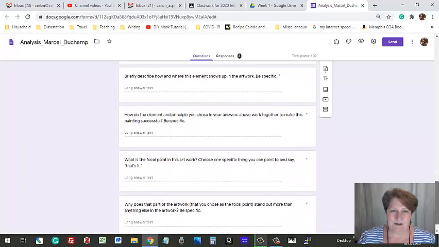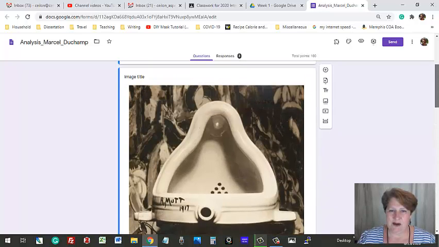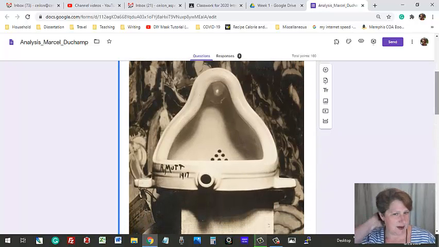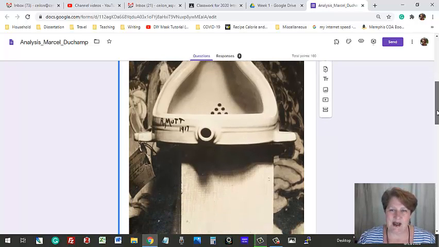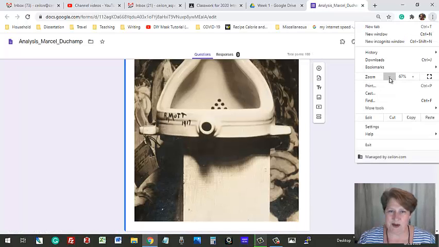What is the focal point in this artwork? That's our next question. And so you want to look for the thing that your eye goes to first, or the thing that your eye lands on and you just can't stop looking at it. So I'm going to again zoom this out so we can see the whole picture at once.